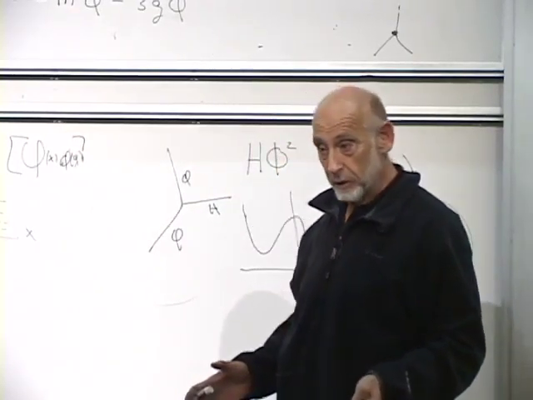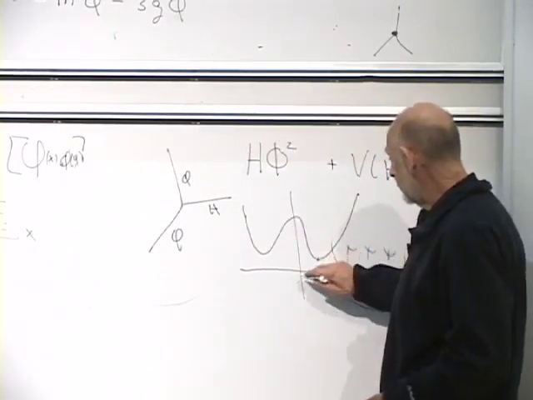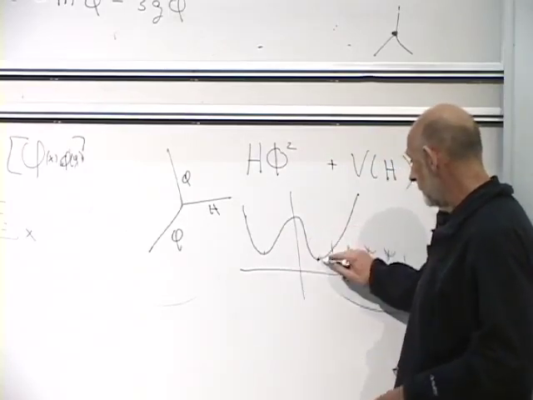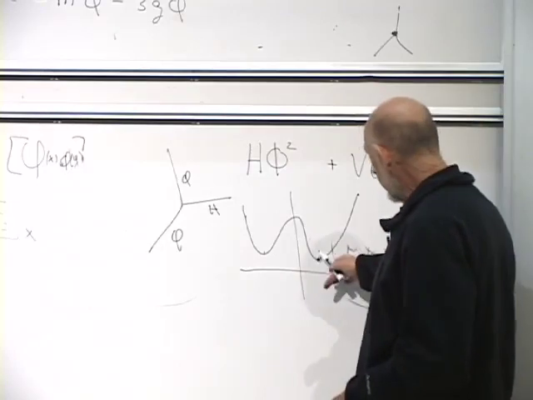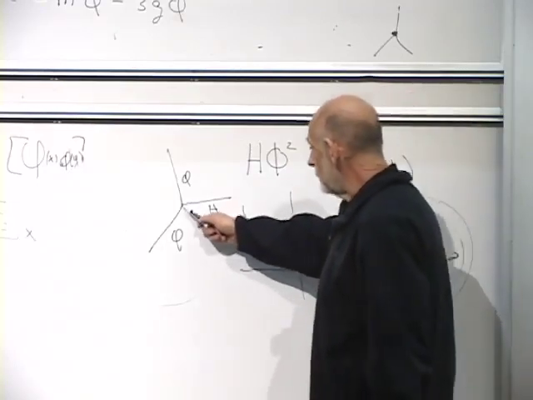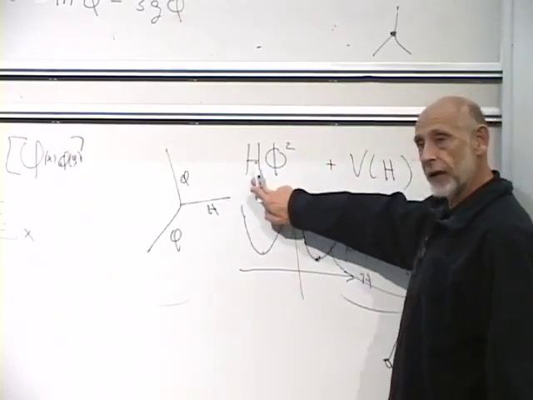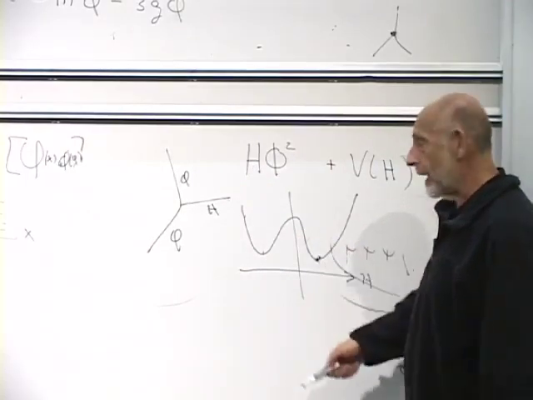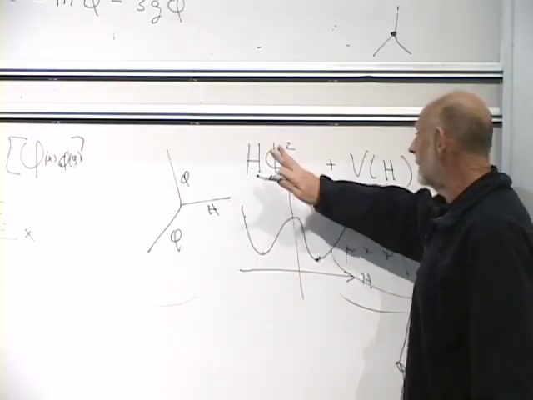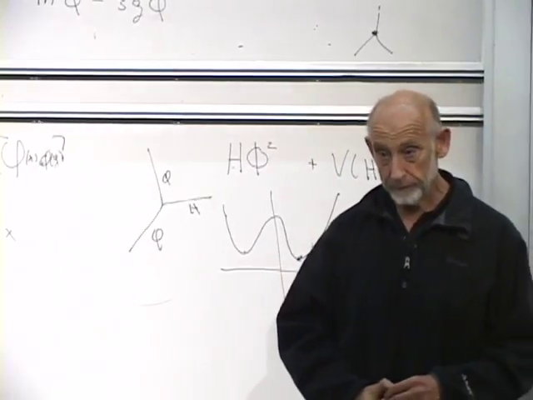The vacuum is a stable equilibrium point. So for this particular potential, there might be 2 minima, and the real vacuum would be chosen to be one of these 2 minima. This minimum has a non-zero value of H. So this vertex then becomes just this vacuum value of H, which just becomes a number in the vacuum and translates into the mass.